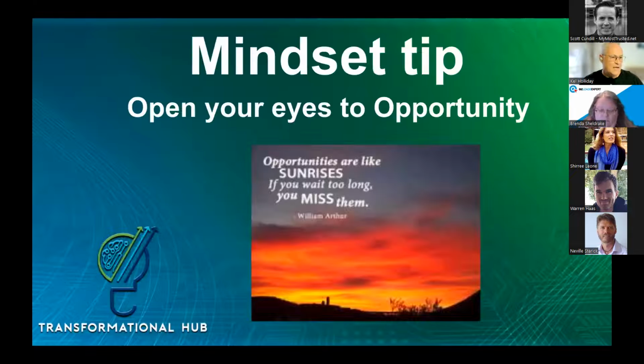So the mindset tip is to open your eyes to an opportunity: you've got a tool here that has been thought through and looked at from a lawyer's point of view. The areas of T's and C's that it's going to break are typically how you use it, not the functionality of the actual application.